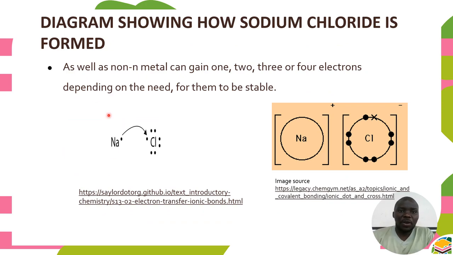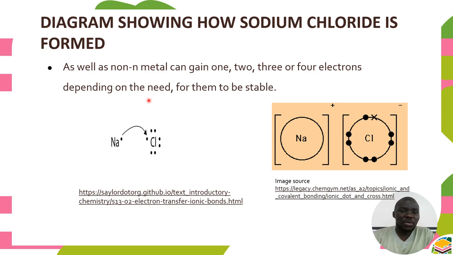So we have a diagram showing how sodium chloride is formed. Nonmetal elements can also gain 1, 2, or 3 electrons depending on the need for them to be stable. Same applies to metal elements.